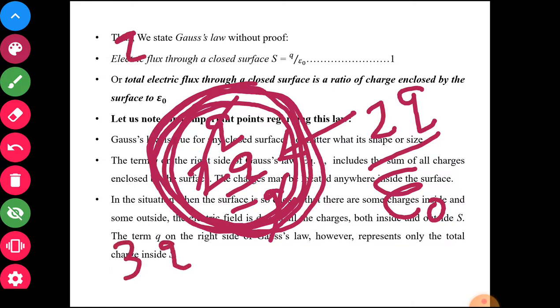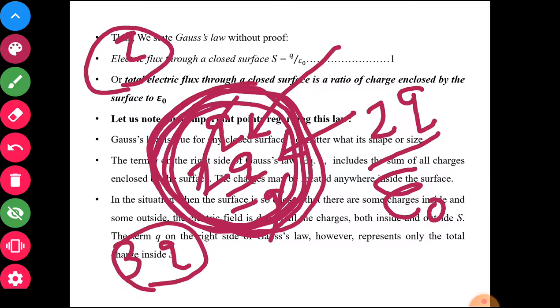They all are responsible for producing electric field, but when you want to find the calculation of the flux, then you have to take into consideration only those charges which are within the surface, not the charges which are outside the surface. The charges outside the surface are responsible for producing electric field, but for the calculation of electric flux you have to consider only those charges which are enclosed by the surface.